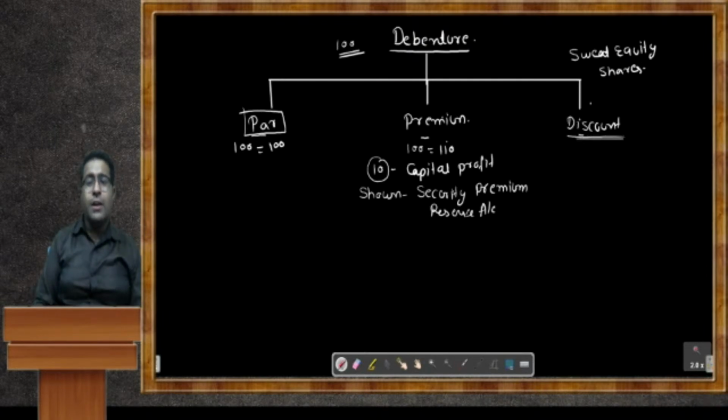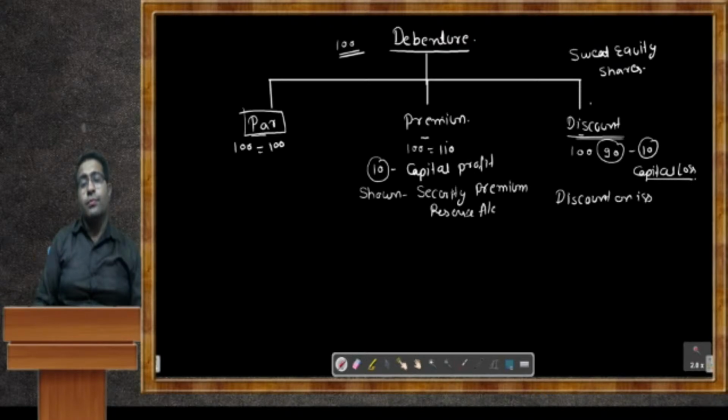Now for discount, if the value of the share is 100 but it is issued at 90, then 10 rupees is the capital loss. For this purpose, we have to open an account known as discount on issue.